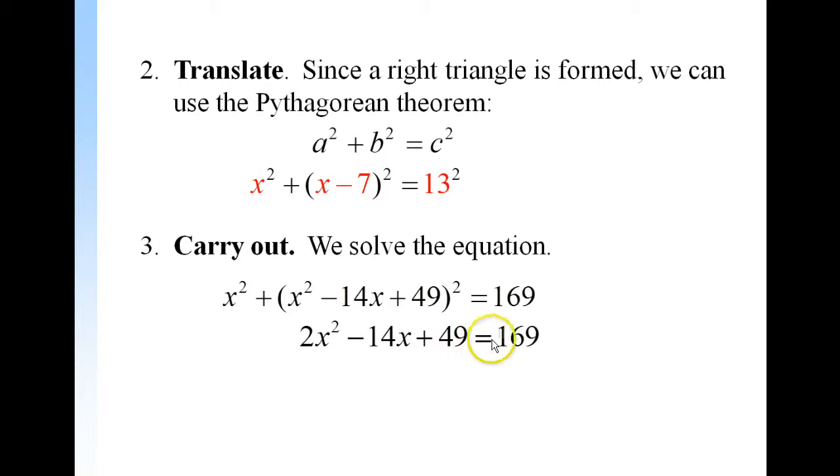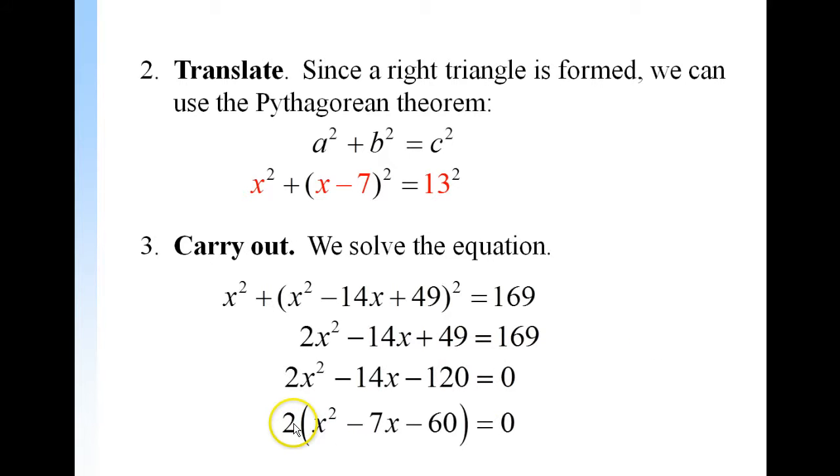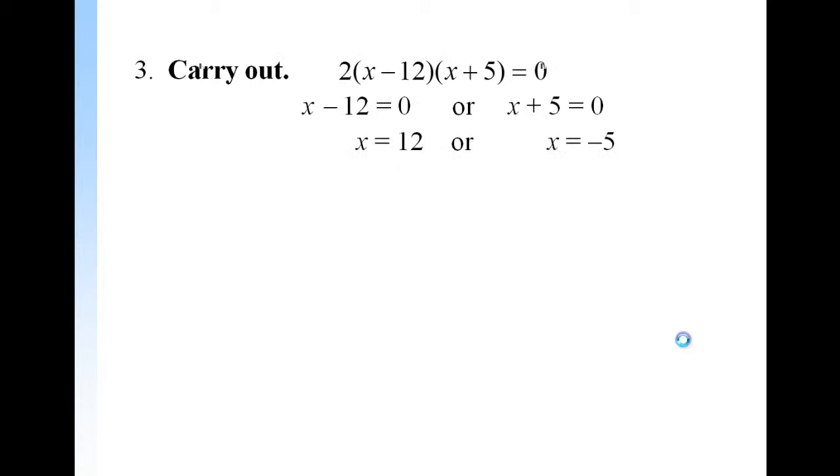Then we grouped like terms. Then we subtracted 169 from both sides and got this. They divided by 2. Very good. I would do that. Then they factored it. And when they factor it, they get a positive 12 from this and a negative 5.